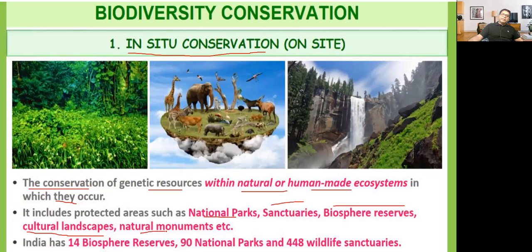In this way, we can do in situ conservation or on-site conservation. India has 14 biosphere reserves, 19 national parks, and 48 wildlife sanctuaries for the conservation of plants and animals.